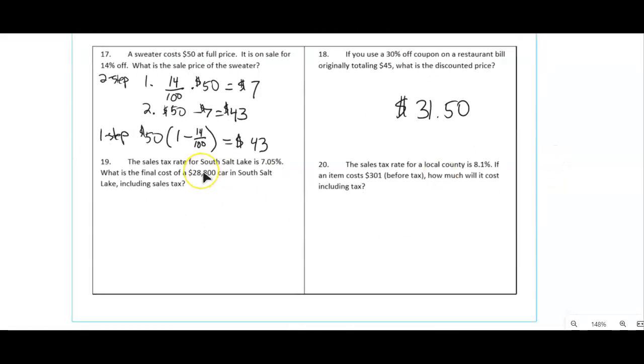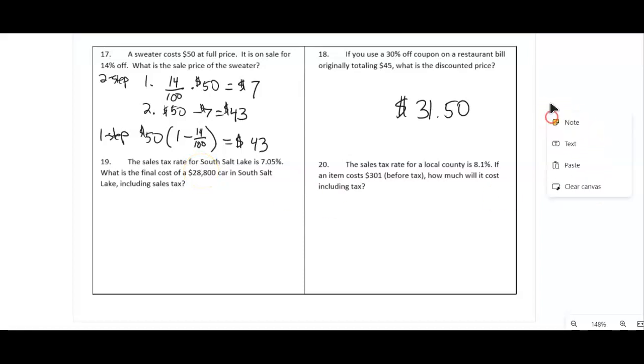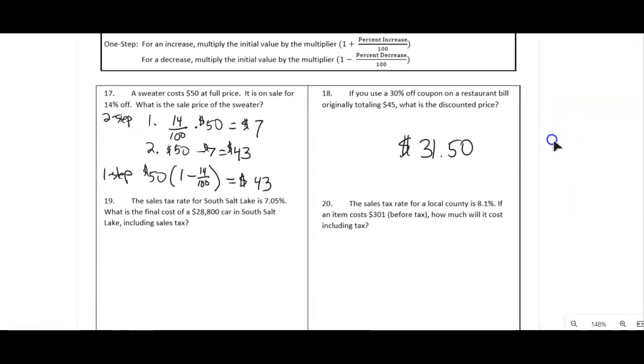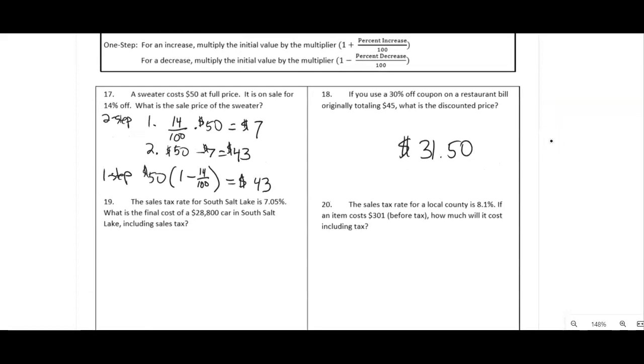Number 19, this time it's a tax rate. This is an increase. So the two-step, step 1 would be to multiply the tax rate. It'd be 7.05% divided by 100 times the initial value, $28,800. And we calculate that.